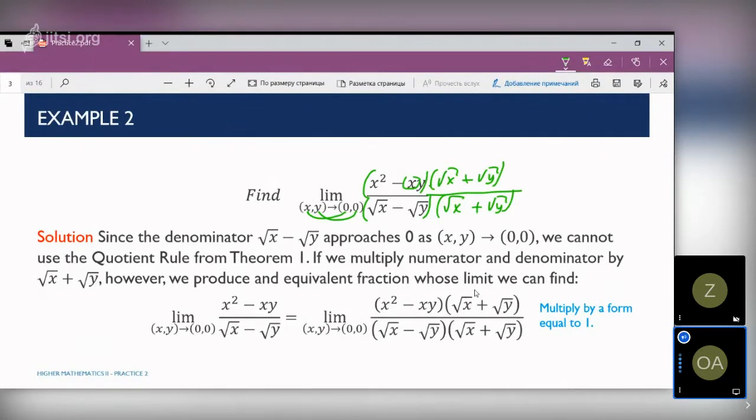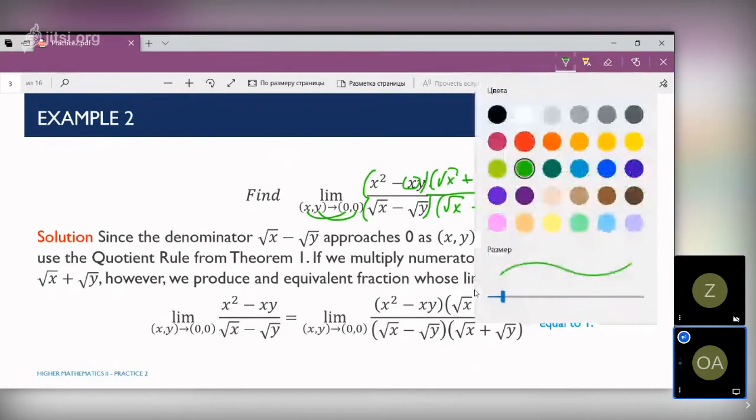Now here from there I can take this x and this x outside of parenthesis. I'll get x minus y. Parenthesis square root of x plus square root of y. And here these are square root of x minus square root of y, and then it's positive. It will give us x minus y.